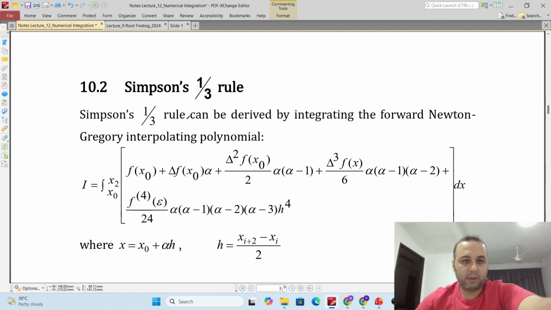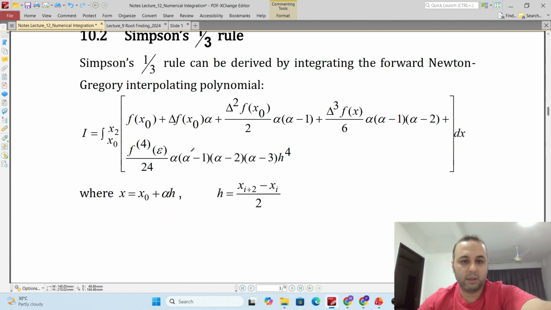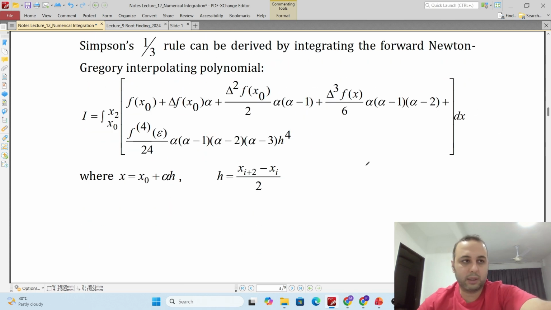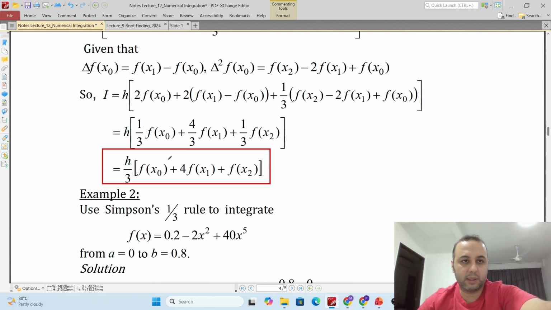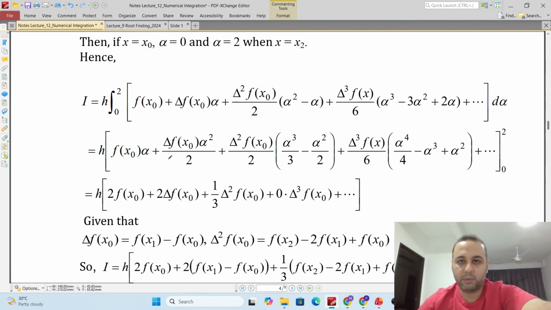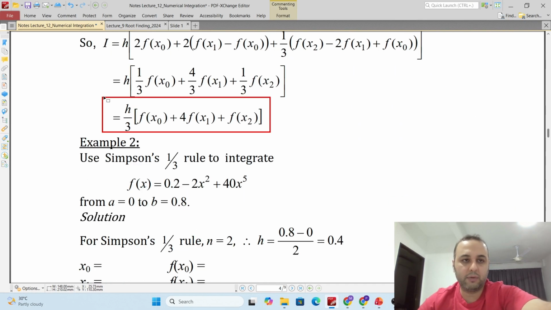Okay, Simpson 1/3 rule can be derived by the integration of the forward Newton-Gregory interpolating polynomial. Okay, you can see mathematically how they reach the formula. You can do it by yourself, but finally the formula is, as you can see, h/3 in the bracket fx0 plus 4 times fx1 plus fx2.